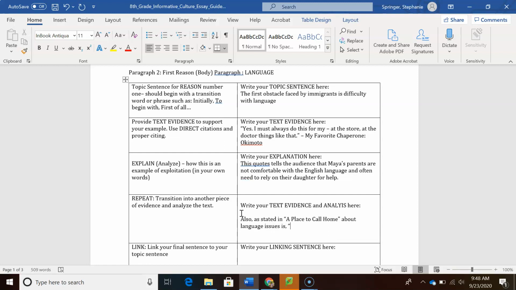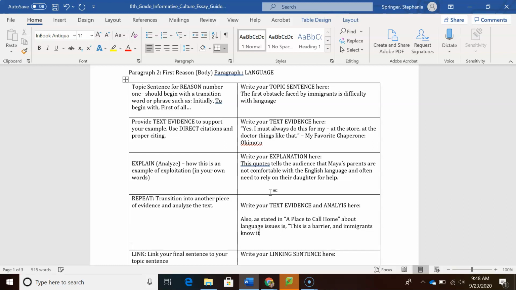Now I'm going to incorporate my quote: "This is a barrier, and immigrants know it." All right, so here I showed you exactly how to incorporate a citation.